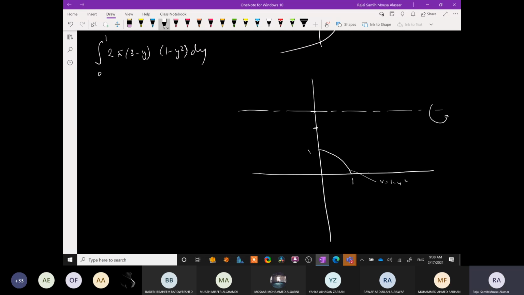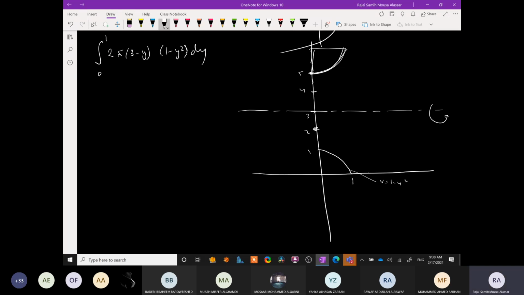If I rotate this about this line, so this is 1, 2, this is 3, so it becomes 4. This is 5. So this has to come here, and it goes like that. So this rotates.